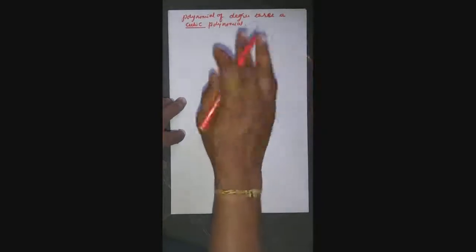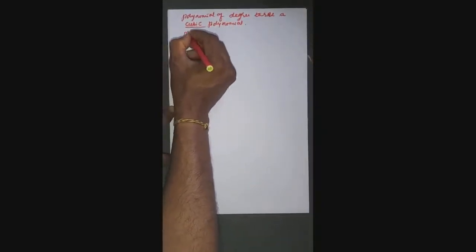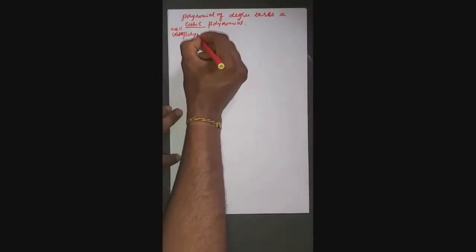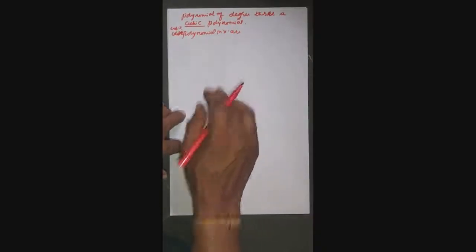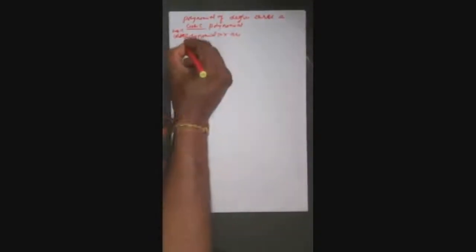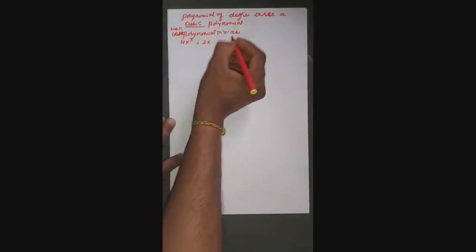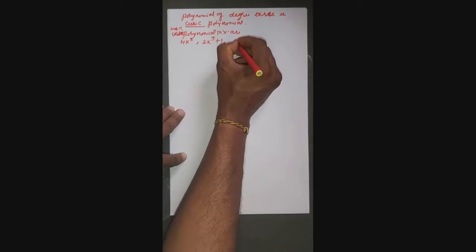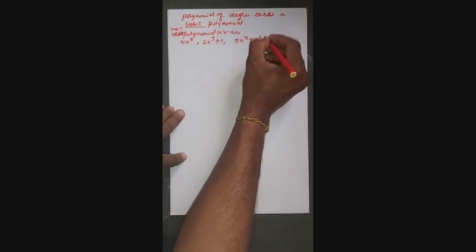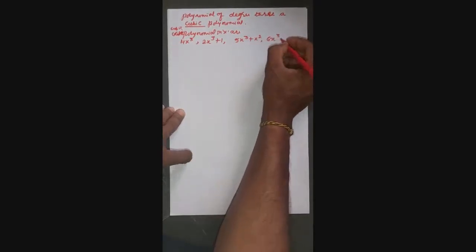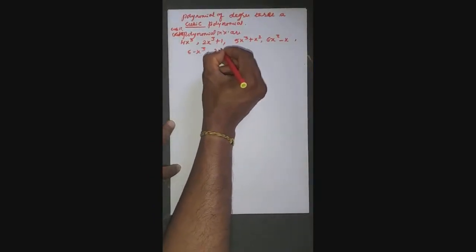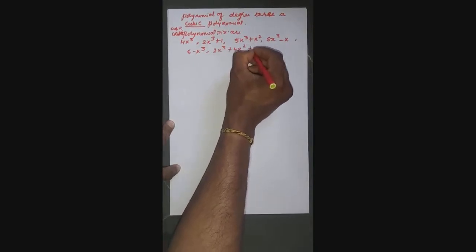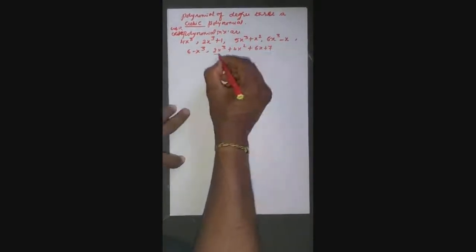Some examples of a cubic polynomial in x are 4x cube, 2x cube plus 1, 5x cube plus x square, and 6x cube minus x, and 6 minus x cube, and 2x cube plus 4x square plus 6x plus 7.